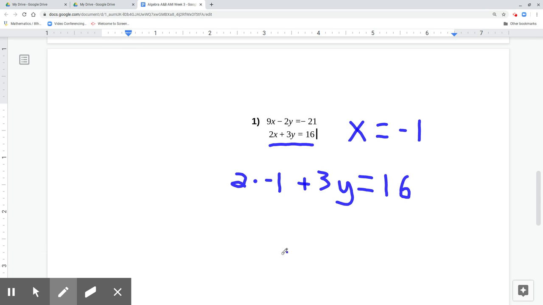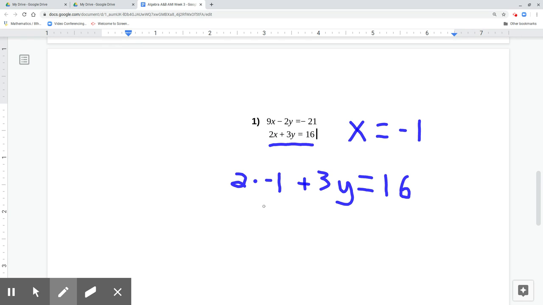Okay, so if you plug the value in correctly, you should have 2 times negative 1 plus 3y equals 16. Remember, when you're trying to solve an equation, the first thing you should do is check to see if there's any way to simplify the equation or make it easier to work with.